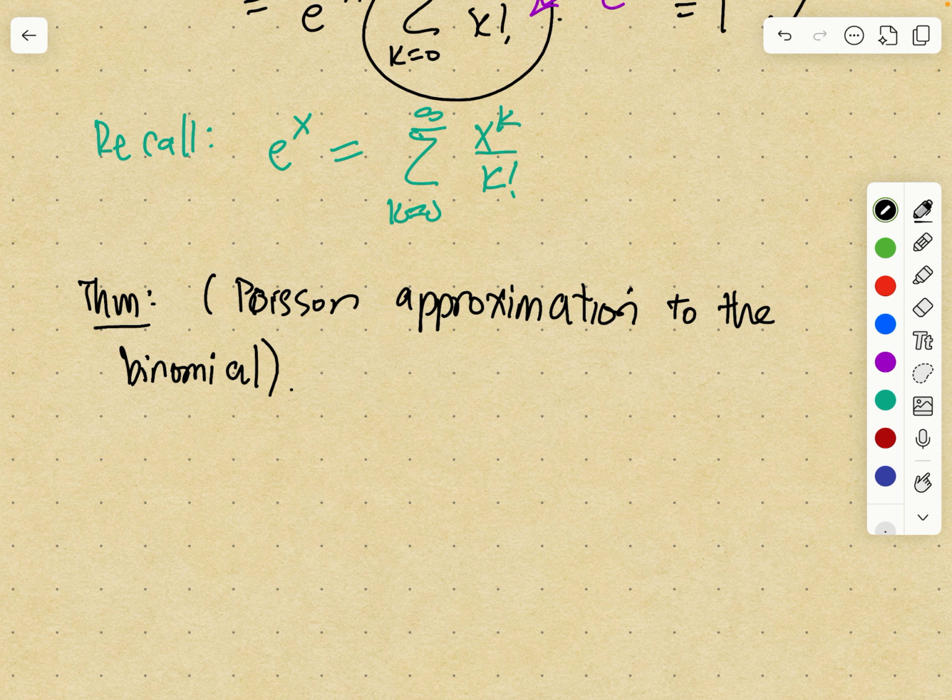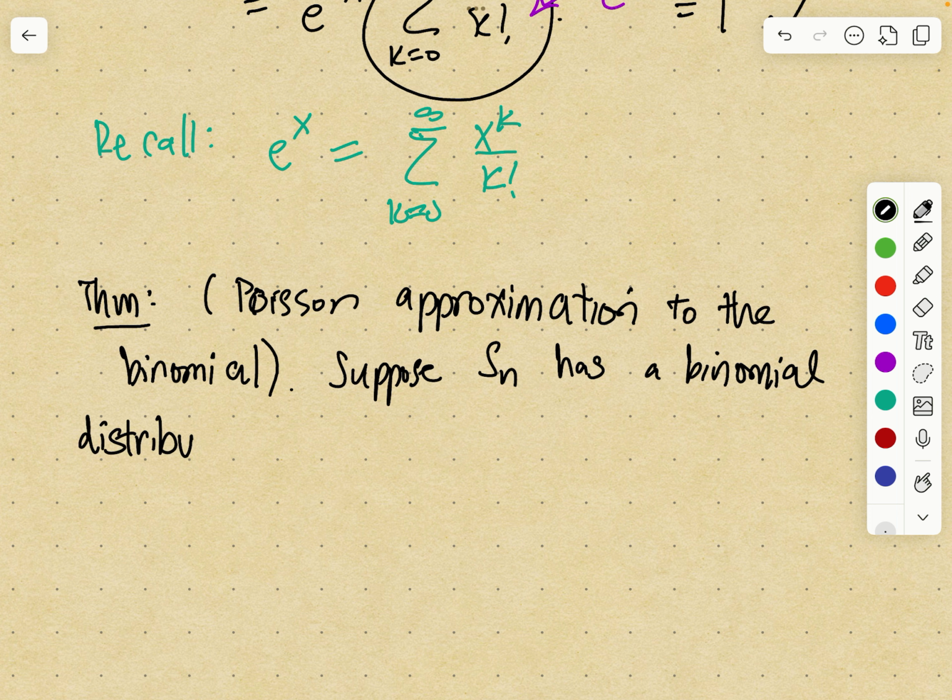And the theorem is, suppose that you have for each n a random variable Sn, and this has a binomial distribution with parameters n and p sub n.